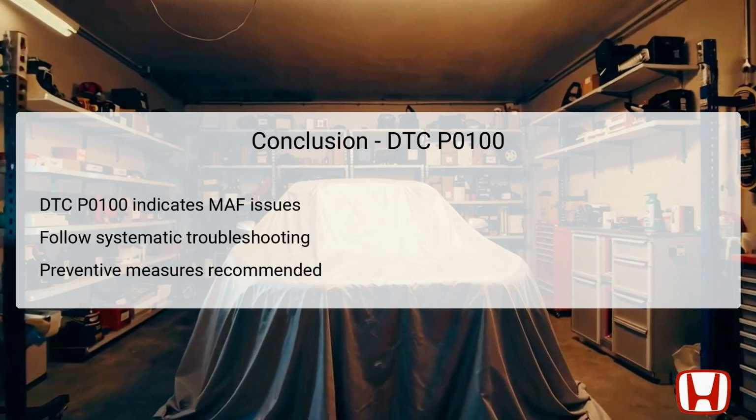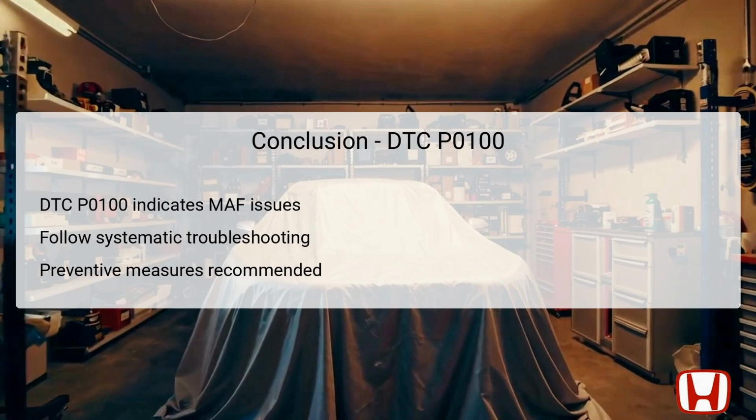In summary, DTC P0100 signifies a malfunction in the MAF sensor circuit that negatively impacts engine performance. Understanding the sensor's role and promptly addressing possible causes, such as poor connections or faulty wiring, can simplify the diagnosis.